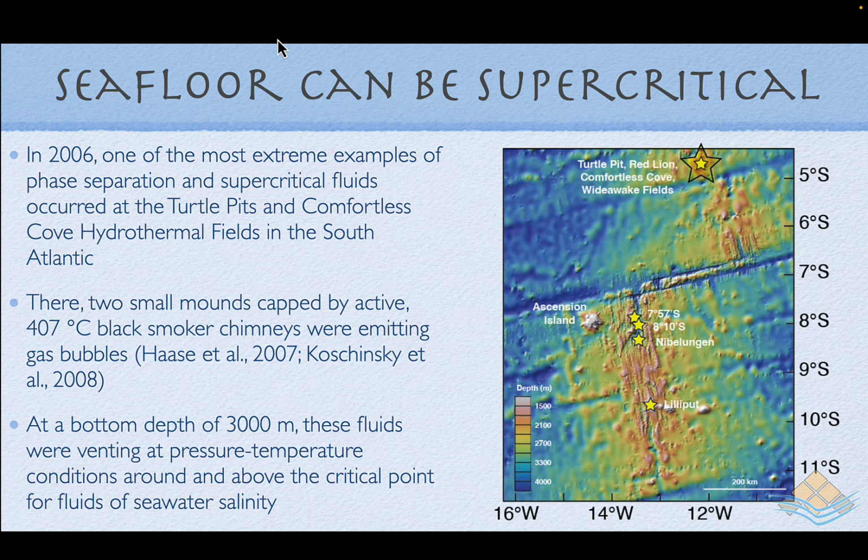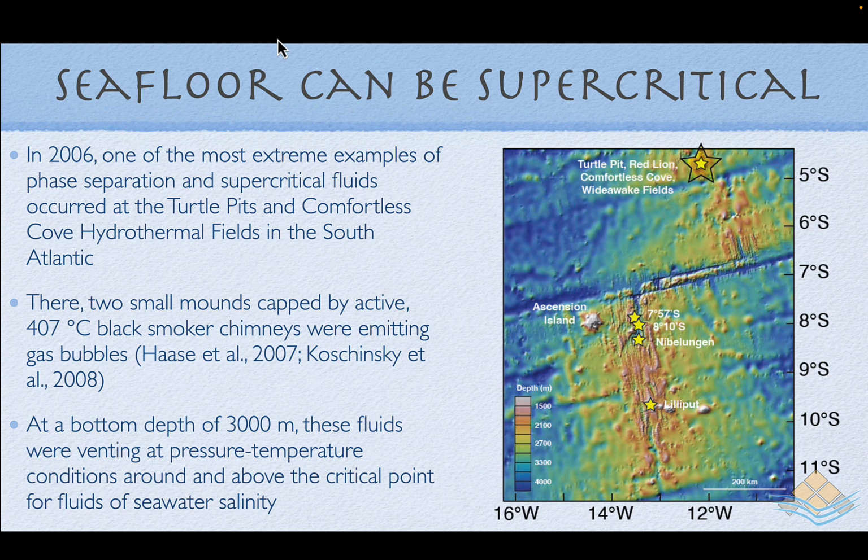And in 2006, in the Comfortless Cove and Turtle Pits area, at around 5 degrees south and 13 degrees west in the Atlantic Ocean, northeast of Ascension Island, we see fluids creating typical black smoker chimneys.